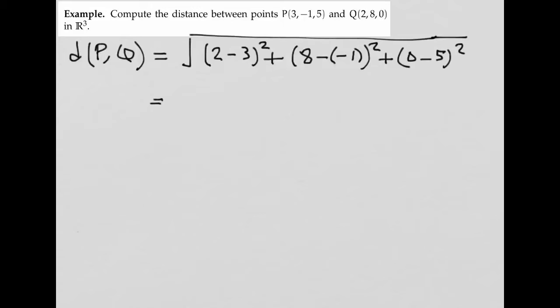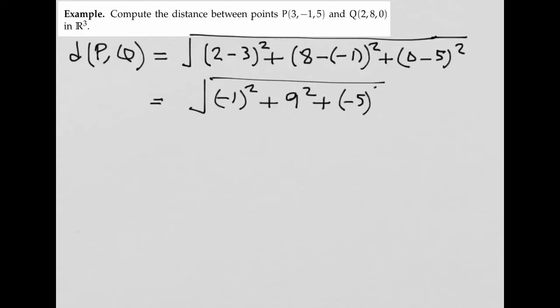That's equal to the square root of (-1) squared plus 9 squared, since 8 minus 1 is 9, plus (-5) squared.